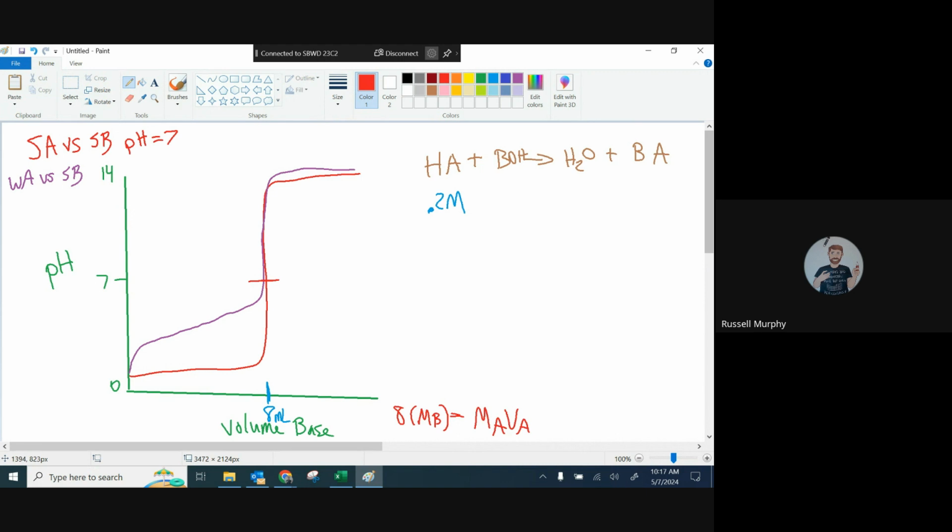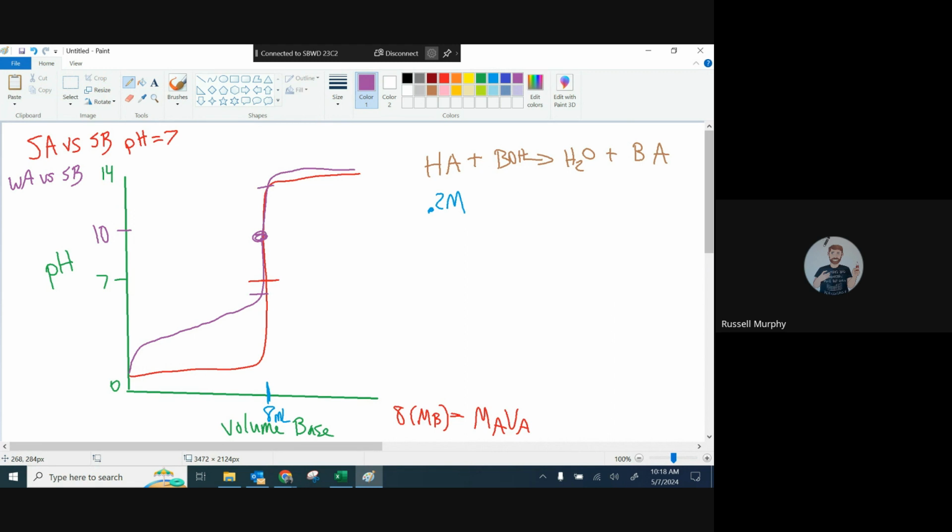Cool. Weak acids have some unique properties. First of all, the equivalence point is between that region there. You find the middle of that region, which appears to be about there. Is that at 7? That's like 10. I'll take 10. So the equivalence point is about 10.